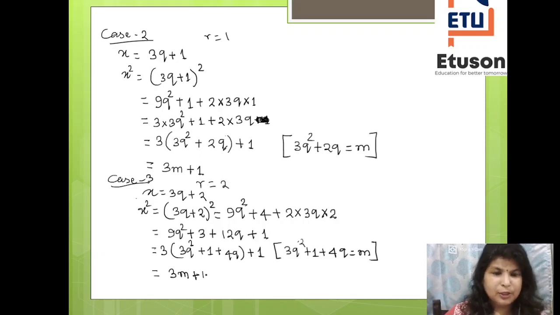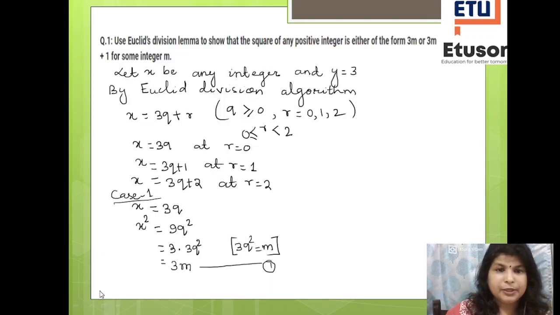So what you can observe in case 1, case 2 and case 3, the possible values of the square of any positive integer is either of the form 3m or 3m plus 1.